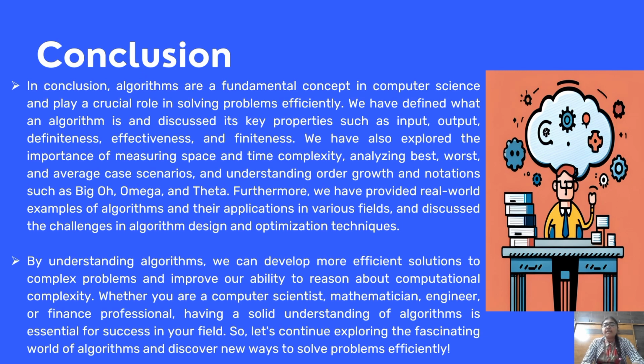We have also explored the importance of measuring space and time complexity, analyzing best, worst, and average case scenarios, and understanding order of growth and notations such as big O, omega, and theta. Furthermore, we have provided real world examples of algorithms and their applications in various fields and discussed the challenges in algorithm design and optimization techniques.